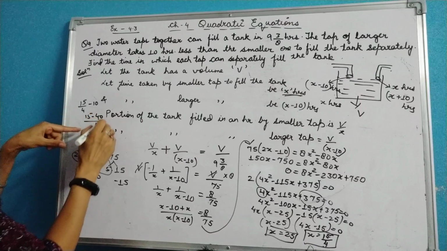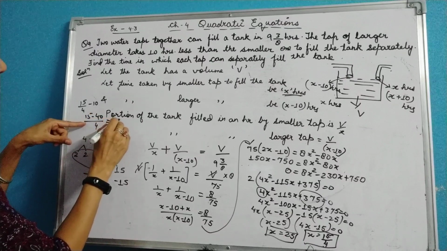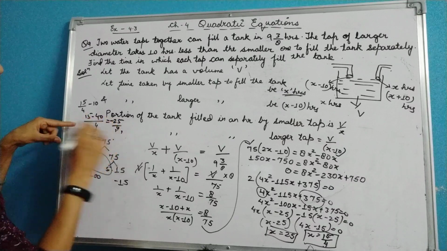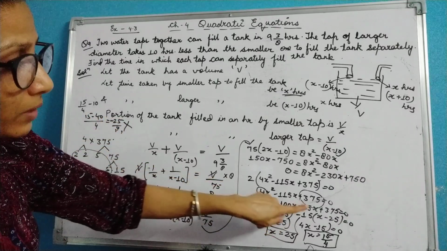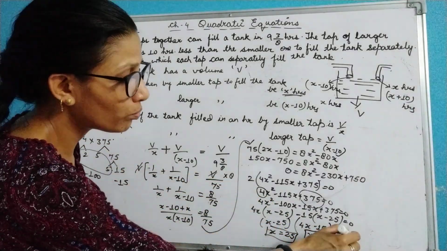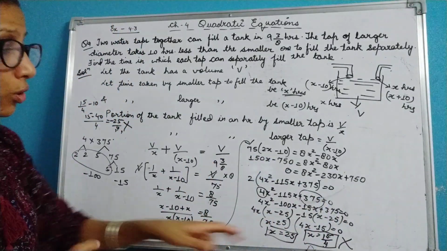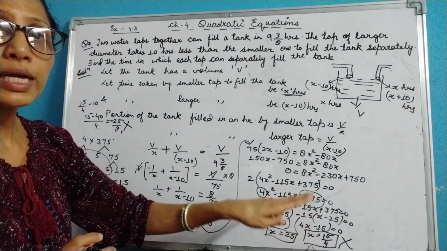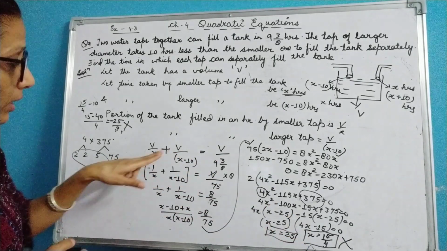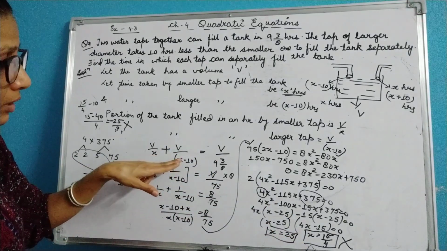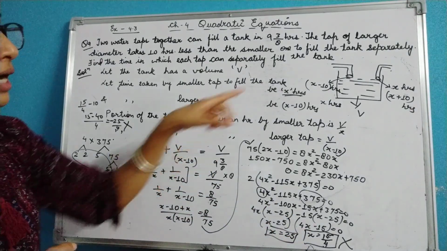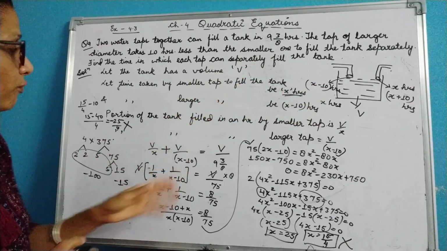When you solve it, it will give you a negative value, which is not possible. That's why I will not be considering this x equal to 15 by 4. Although this term is not negative, I will not be considering it, because when I put it here, it is giving me a negative value, and your time cannot be in a negative form.